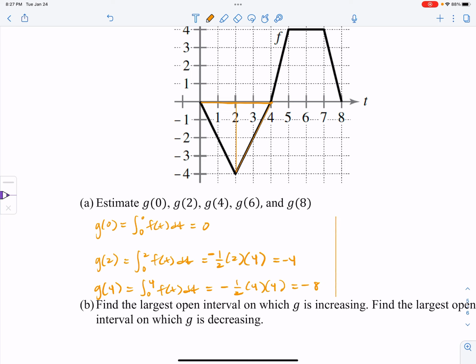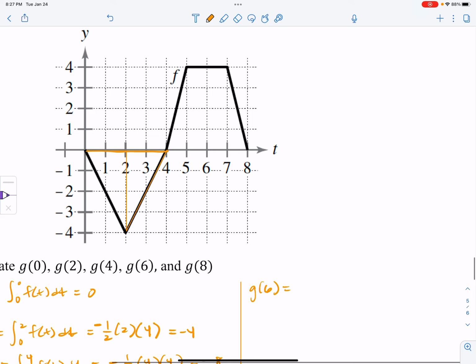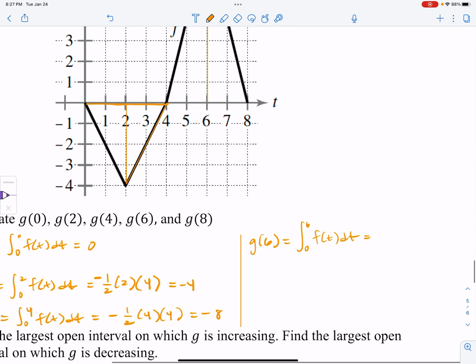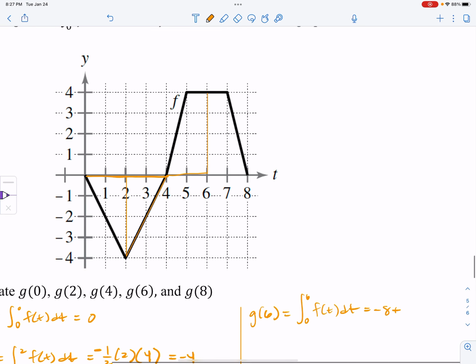Okay, g of 6. Okay, so we can take that negative, so 0 to 6. This will allow us to take that negative area, so -8, and then add the area of this trapezoid, which will be positive.